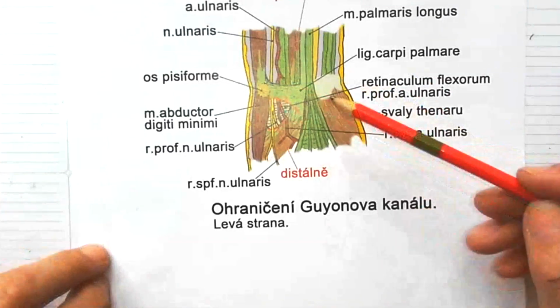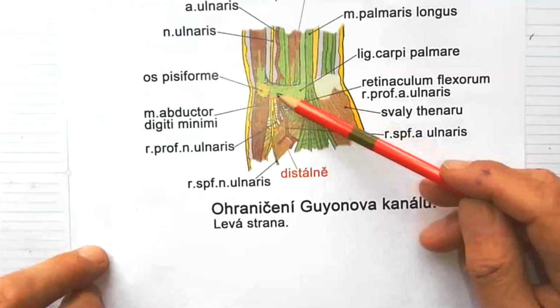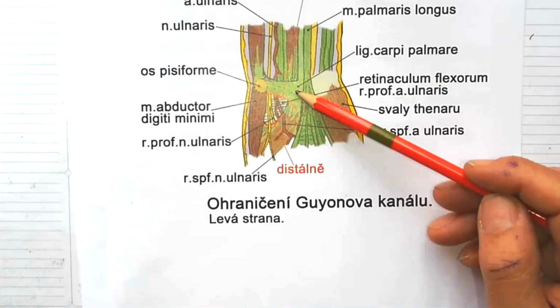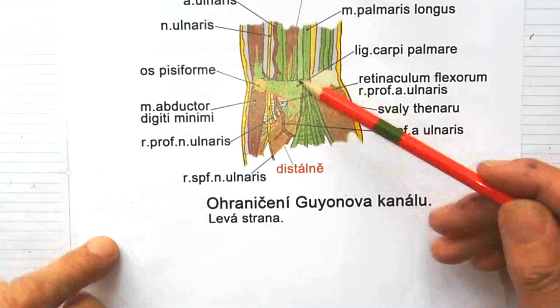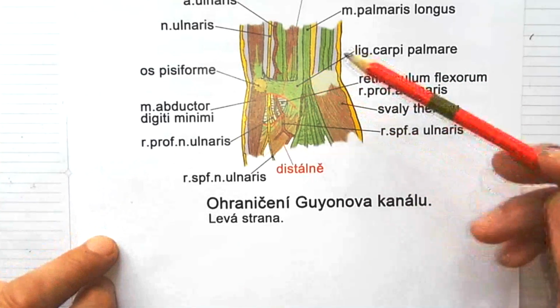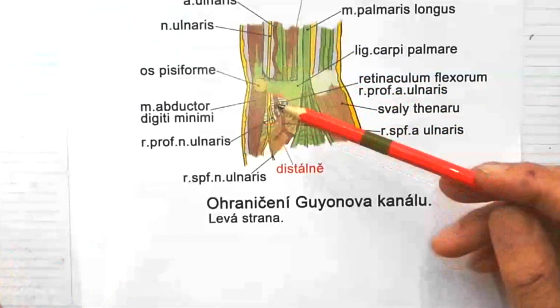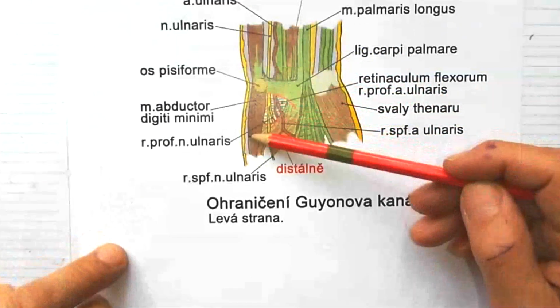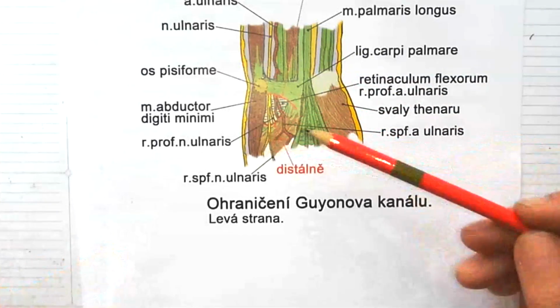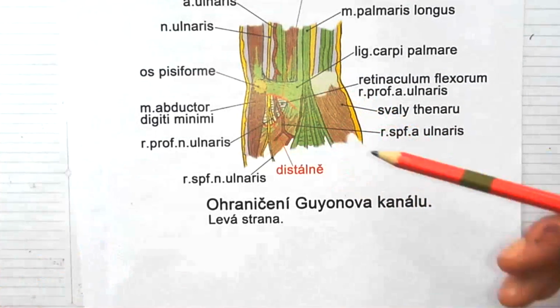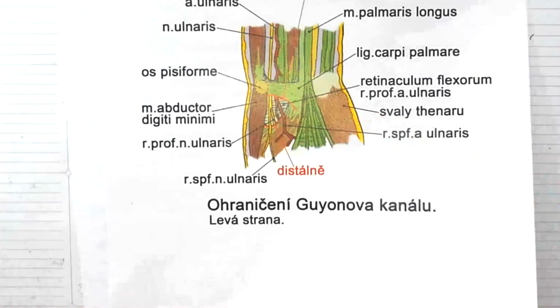Here is the pisohamate ligament, and there is a superficial ligamentum carpi palmare, a part of this aponeurosis, of the superficial fascia. Note please that the most medial muscle is abductor digiti minimi. Here on the right side, the most superficial, again, abductor.